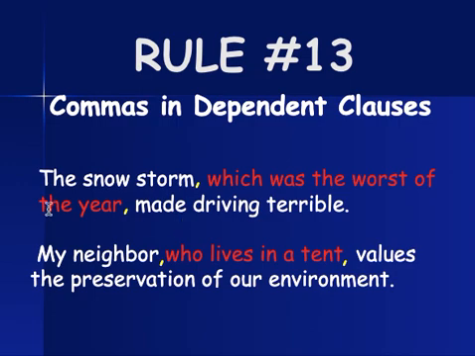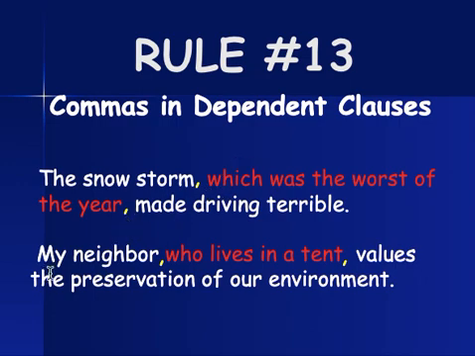But when you add it with "the snowstorm, comma, which was the worst of the year, comma, made driving terrible," now we see that the dependent clause is helping us understand why the drive was so terrible, because the snowstorm was the worst of the year. So when you add a dependent clause, you need to put a comma right ahead of it and then right after it, unless it's at the very end of the sentence. But if it's inserted in the middle like these are, you need to offset them with commas.